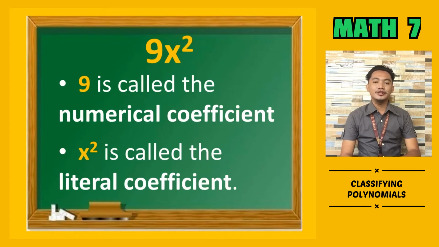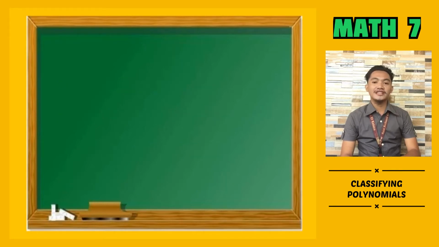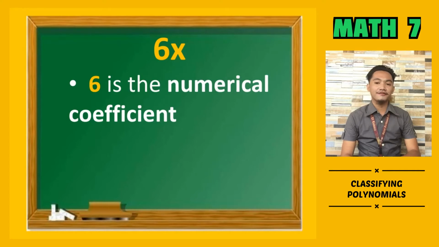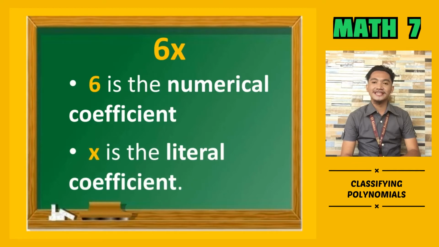Now, let's look at the second term, 6x. 6x has a numerical coefficient which is 6 and a literal coefficient which is x.